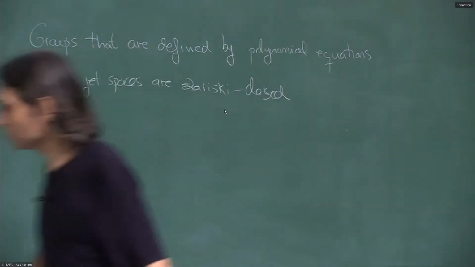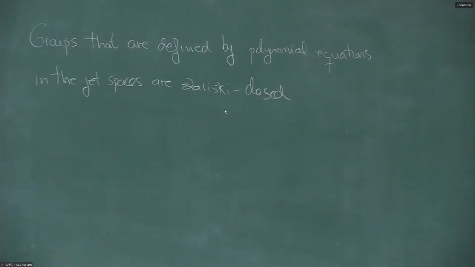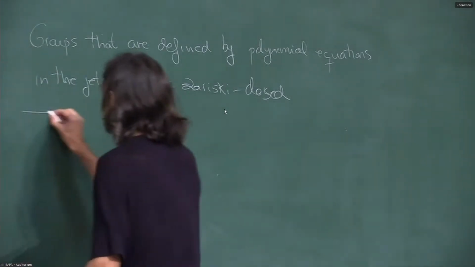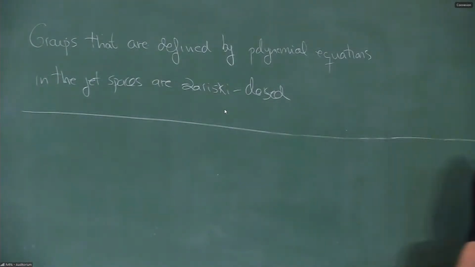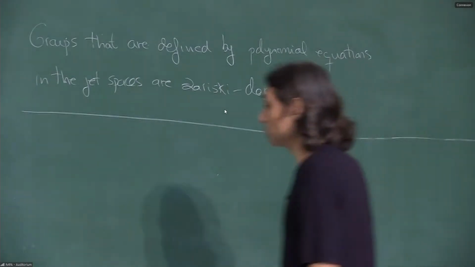Okay, so we are going to go back to this example in Zoom. And what I wanted is to talk a little bit about concepts in the theory of linear algebraic groups that generalize pretty well to the case of local diffeomorphisms.